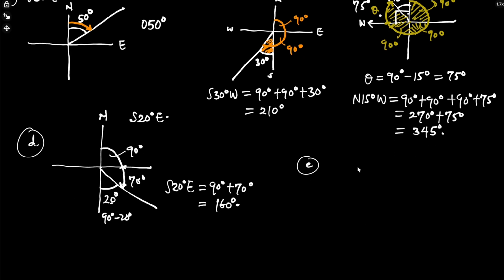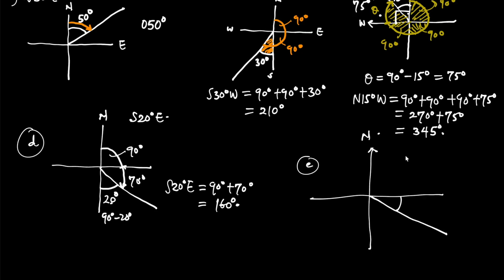So let's say that you have it this way. Someone says this is a knot, and someone decides to put the angle here. Just no compass bearing, nothing. The person just decides to put an angle here. So no hassle, just add the 90 and the 10 together. So this is going to be 100 degrees. Three figures.